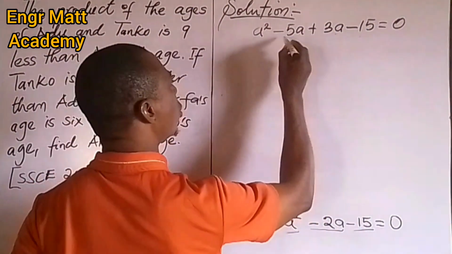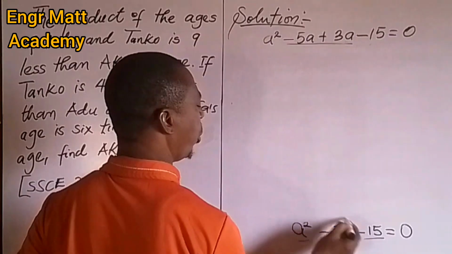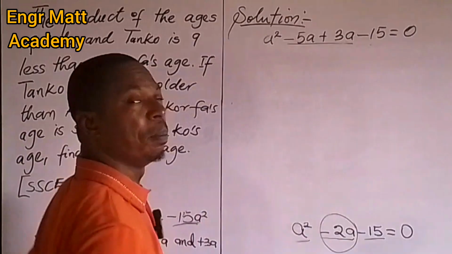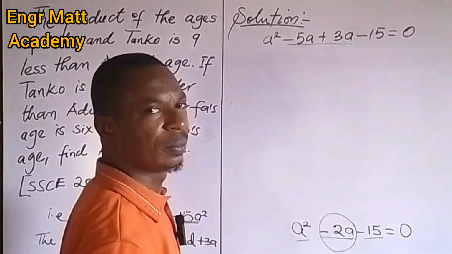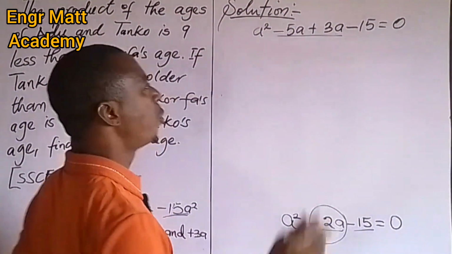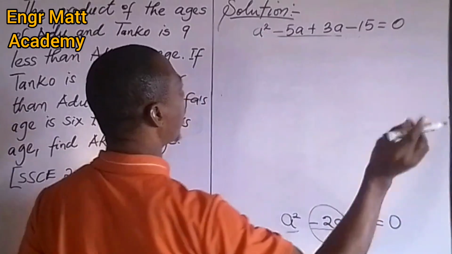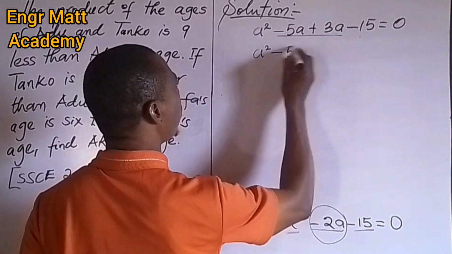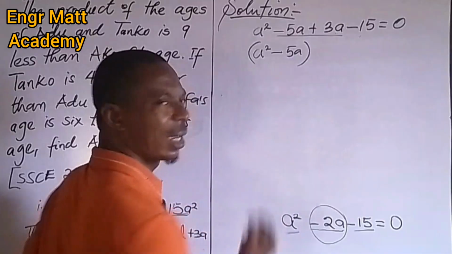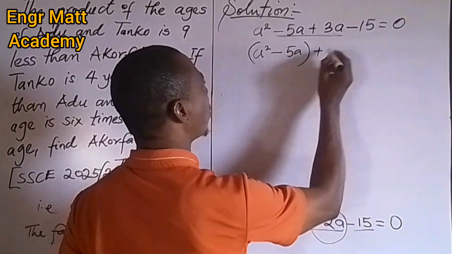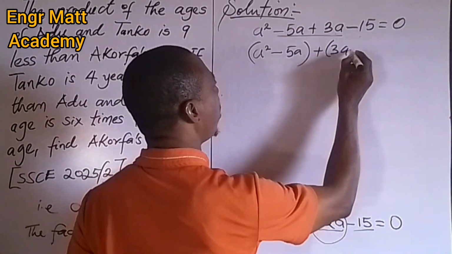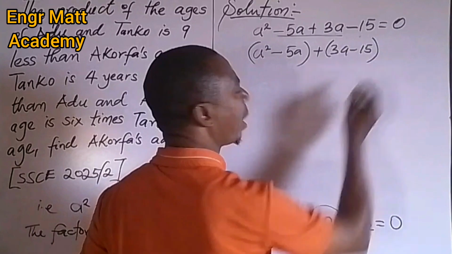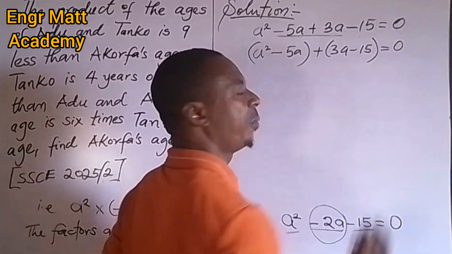We used these two factors to replace the middle term, minus 2a. The next step is to group them into brackets. That is a squared minus 5a in brackets plus 3a minus 15 in brackets equal to 0.